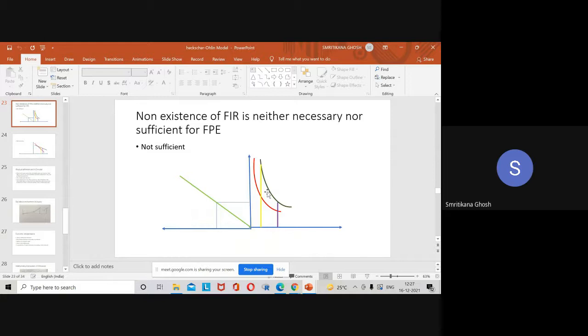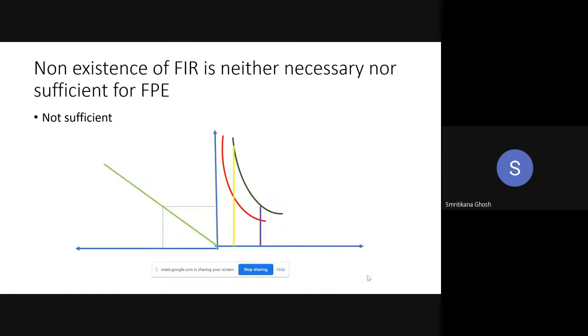Yes, this may be. Look at this diagram. In this diagram, they are varied widely. The capital labor ratio of two countries varied widely so that there is no overlapping zone. This is the wage rental ratio for the first country, and this is the wage rental ratio for the second country.